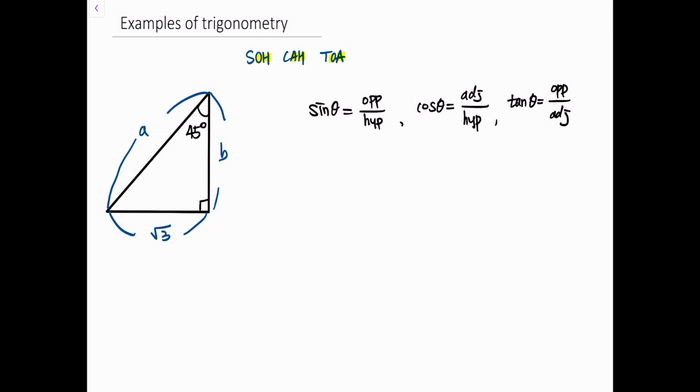Next example is another right triangle with a given angle of 45 degrees and one side length of rad 3. We need to identify the correct opposite, adjacent, and hypotenuse sides with respect to the angle given, which is 45 degrees.